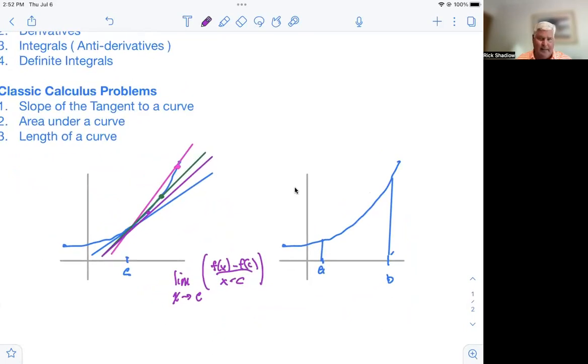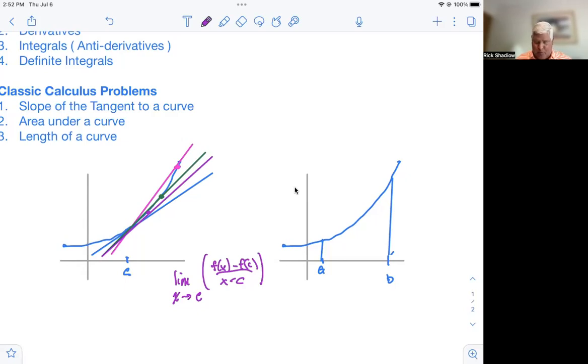Okay, the second idea that was probably at the roots of the calculus was finding the area of the curve. So we know if it were just a geometric shape, I could divide it into other geometric shapes and come up with an approximation or the exact value of the area of the curve.